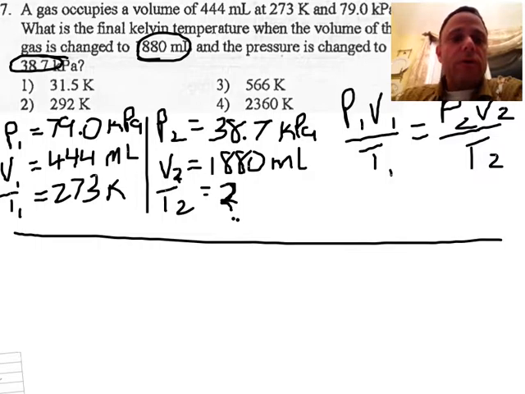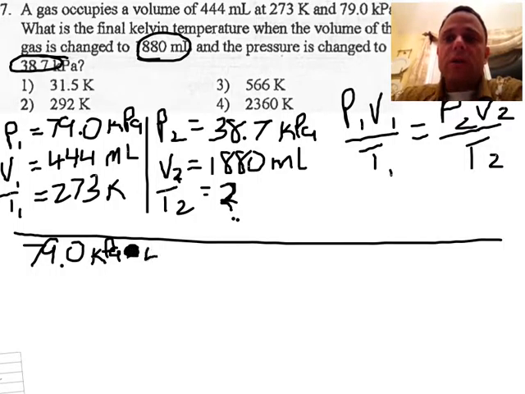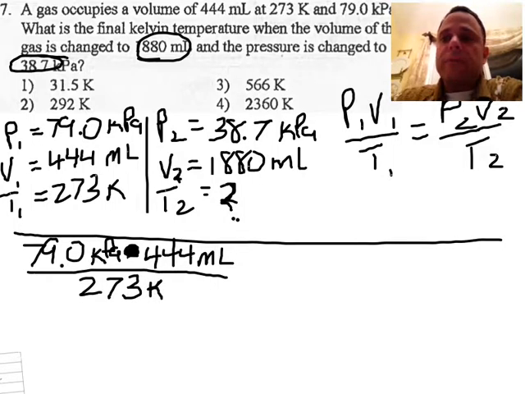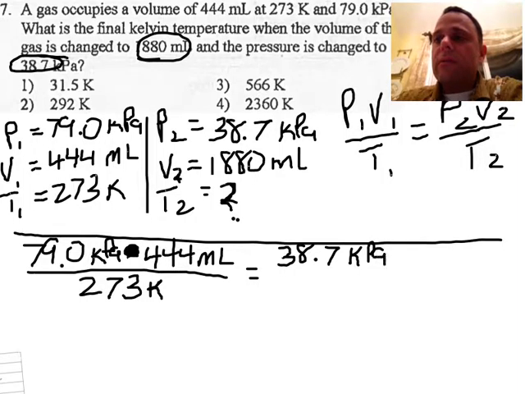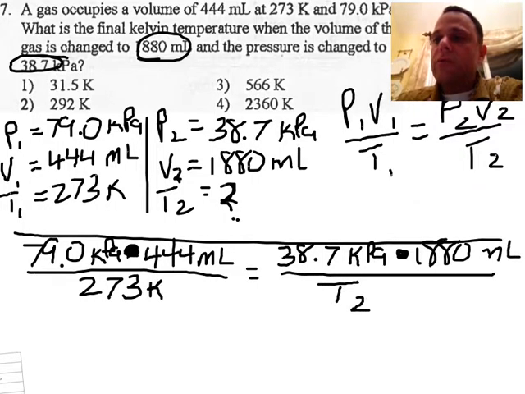All right. So this equation now looks 79.0 kilopascal times, let me make that a big dot, times 444 milliliters over 273 Kelvin is equal to 38.7 kilopascal times 1,880 milliliters over T2.